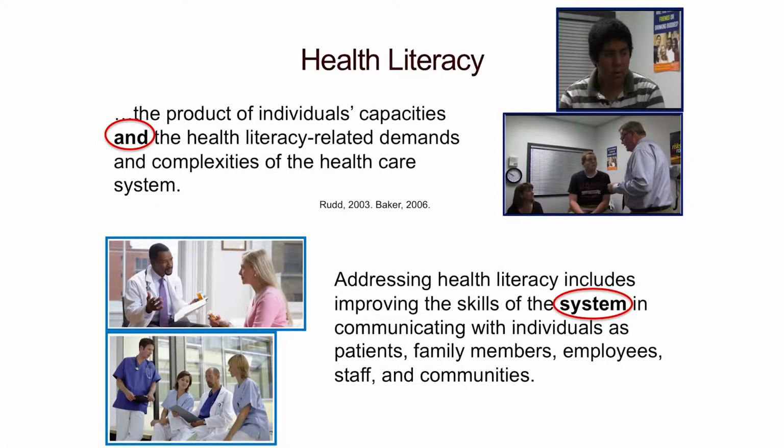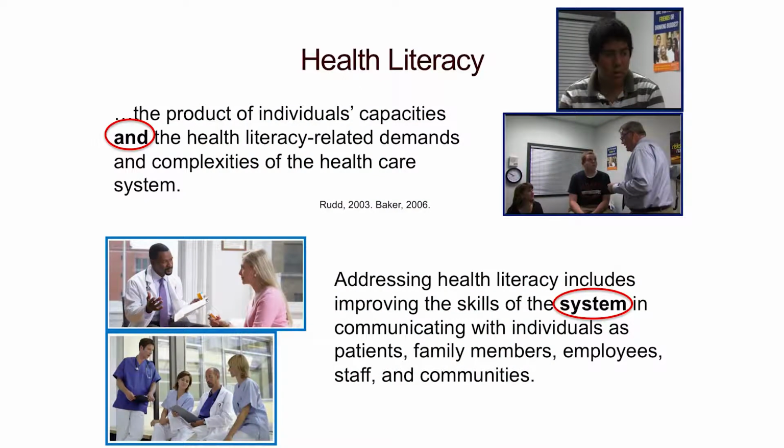But what we want to focus on and what we're learning over time is that it's not just an individual attribute, that health literacy is the product of individuals' capacities and also the health literacy related demands and complexities of the healthcare system. So it's an and. So to address health literacy, we need to include improving the skills of the system, not just people and individuals, as they communicate with patients, families, community members, and employees. So that's why we are talking about health literate healthcare organizations.